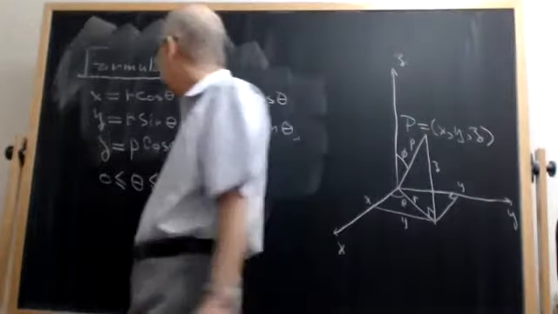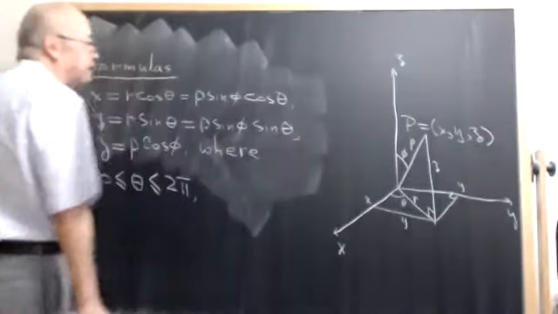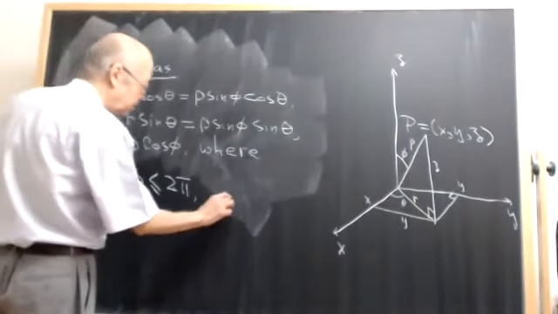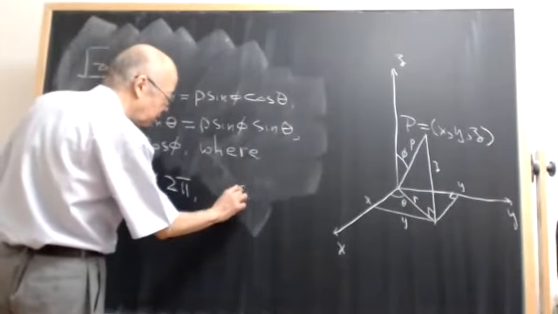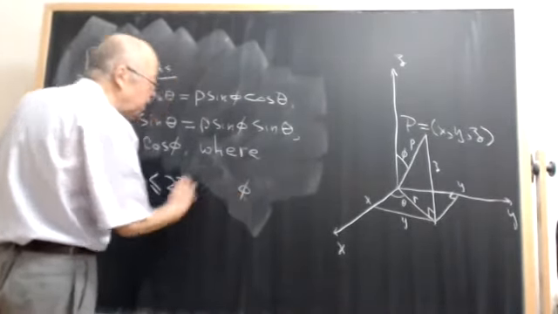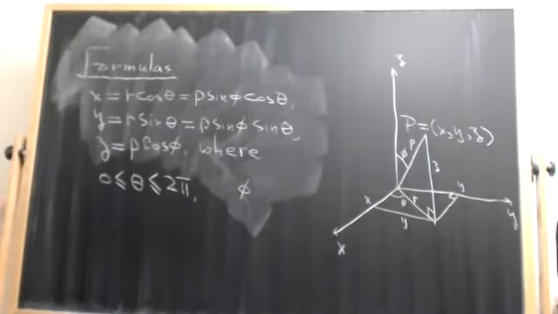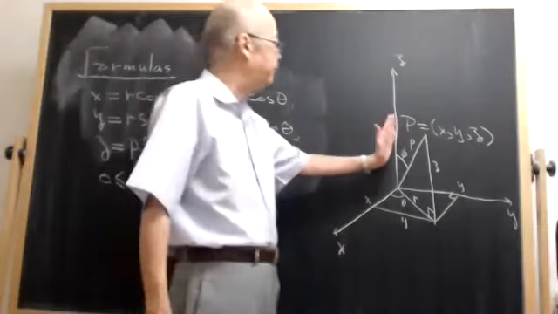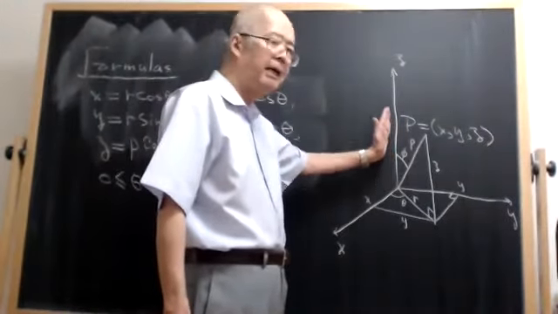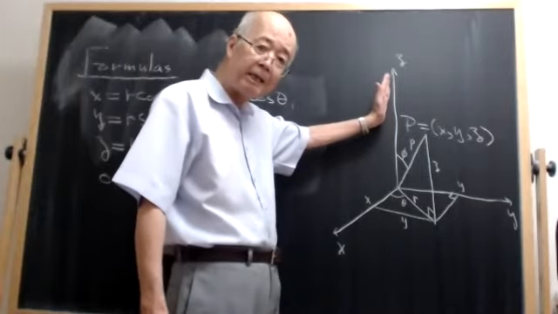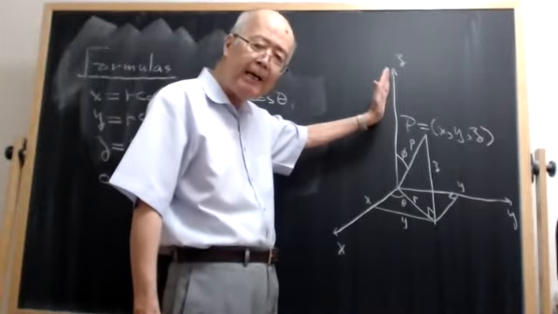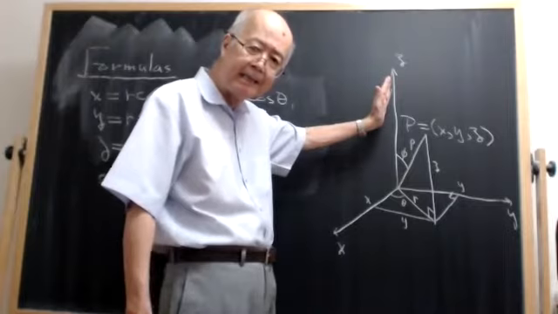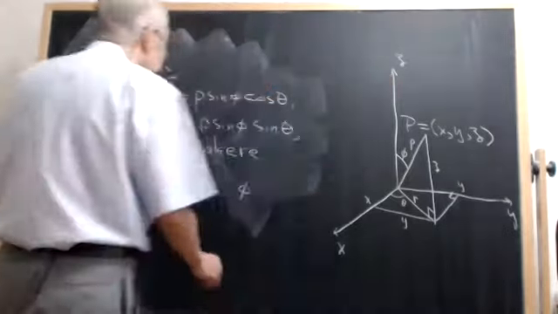So, what's the range of the angle? Well, if it's in the positive direction in the z-axis, phi is equal to 0.